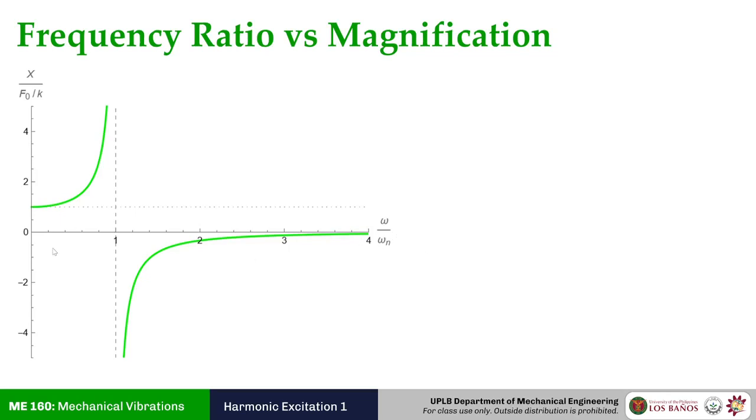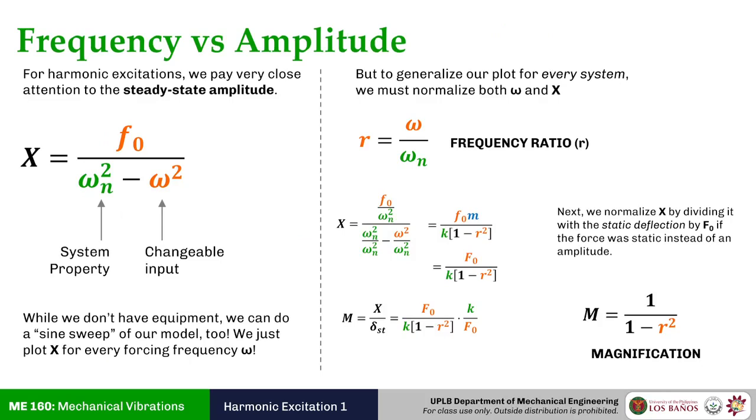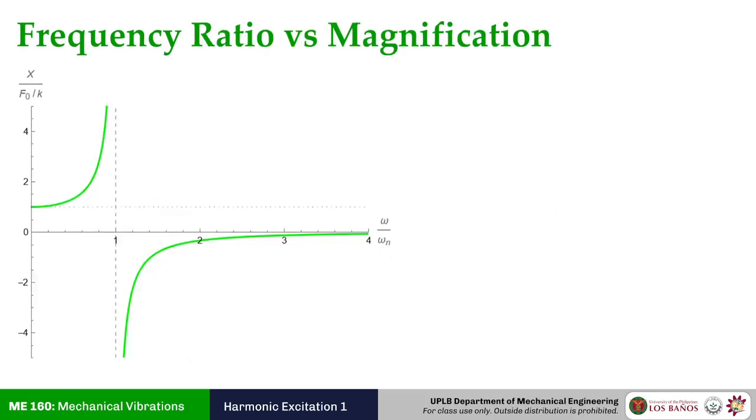So what's happening here? First and foremost, if we go back to the equation of m, you have a difference underneath the fraction. If that difference becomes 0, you'll get an infinite, or rather an indeterminate, value. And the value of R that causes your magnification to go wild is actually the natural frequency.